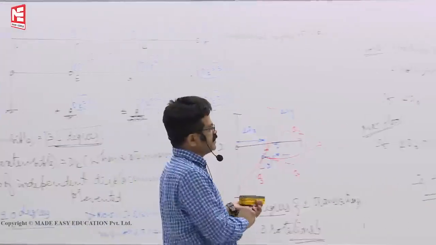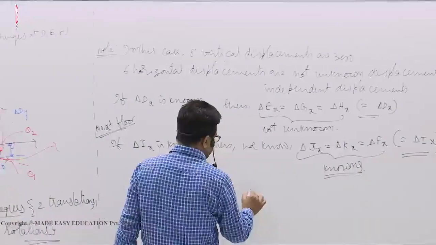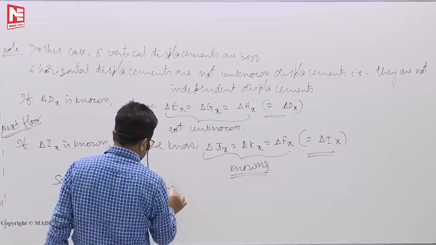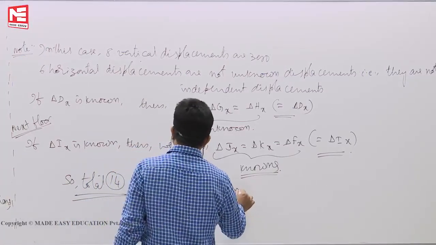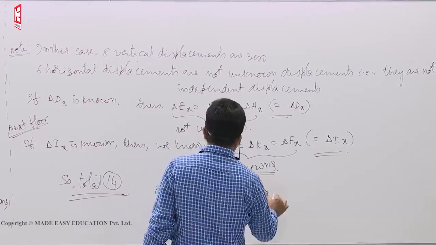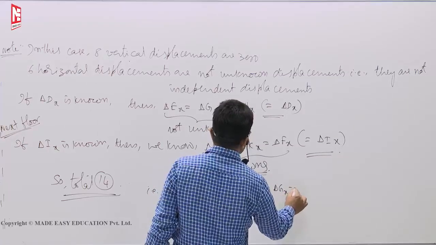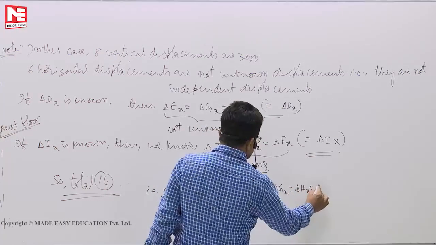That means in this case, if delta dx is equal to 10 mm, delta ex, delta gx, delta hx is also 10 mm.